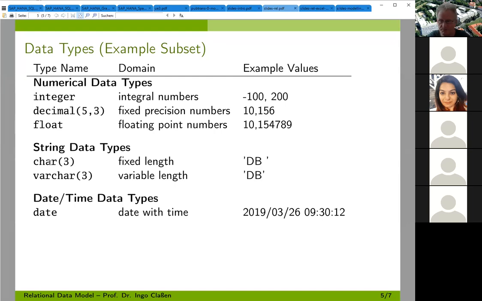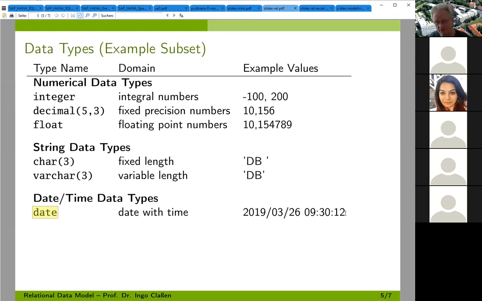And last but not least, we have the date and time data types, and usually database systems are quite diverse on handling that, unfortunately. For example, if I have a column of type date within the Oracle database we are going to use, it comprises date as well as time.